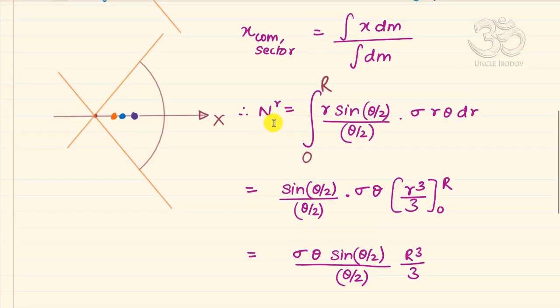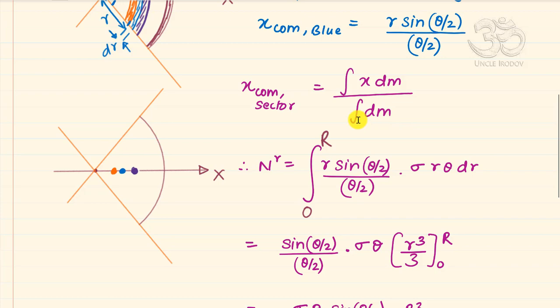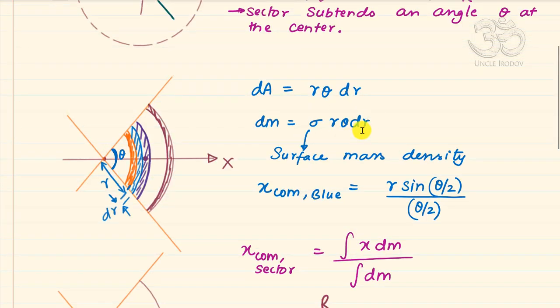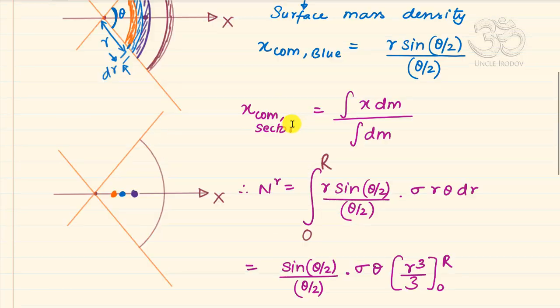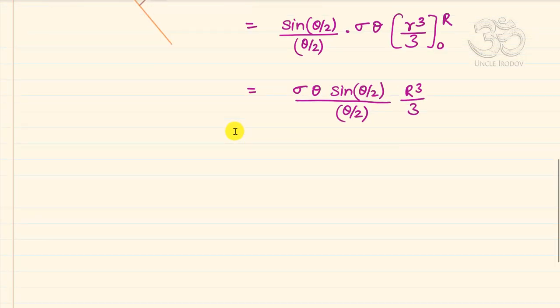Now what will the denominator turn out to be? Here it is, integral dm, and dm is just sigma r theta dr. The denominator is going to be integral of sigma r theta dr from 0 to capital R. This is a pretty simple integral to do.